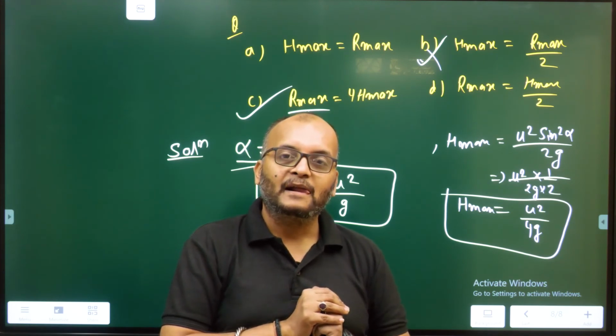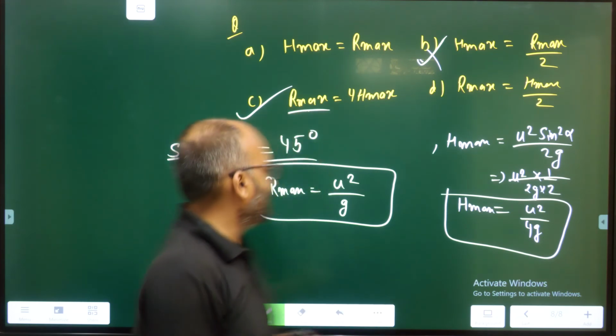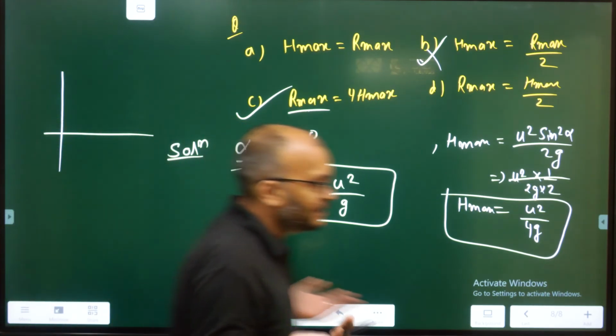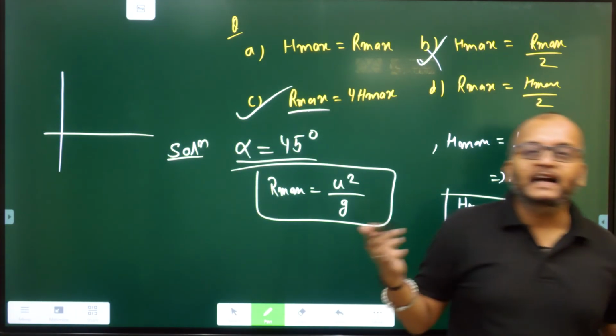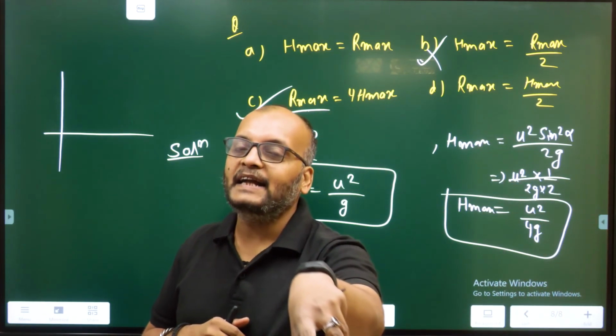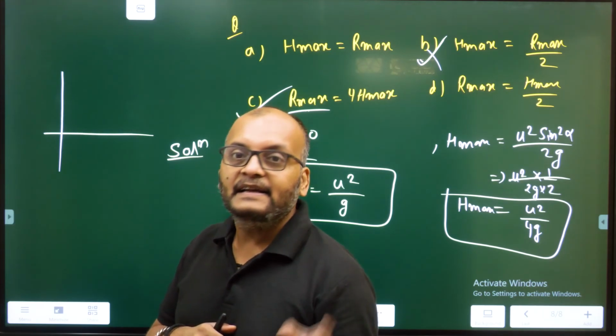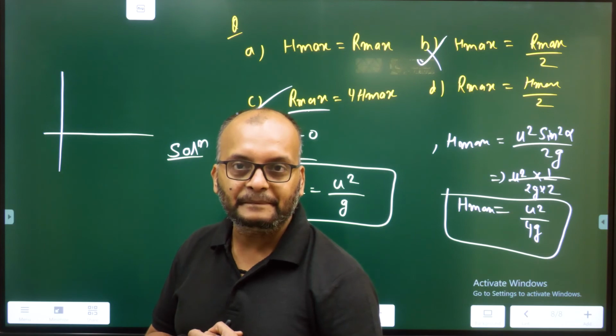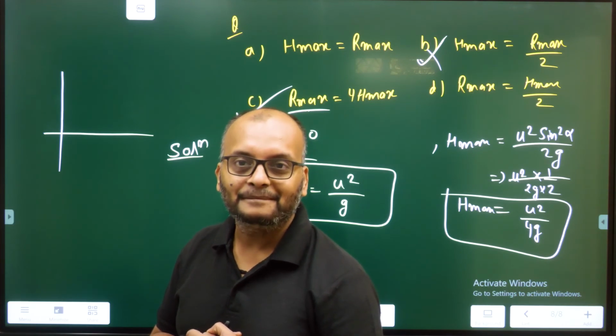Sir, I have two different projectiles. Where is it written? And how can two different projectiles be related? If they are related, then their angle of projection and initial velocity should be the same. Yes or no?